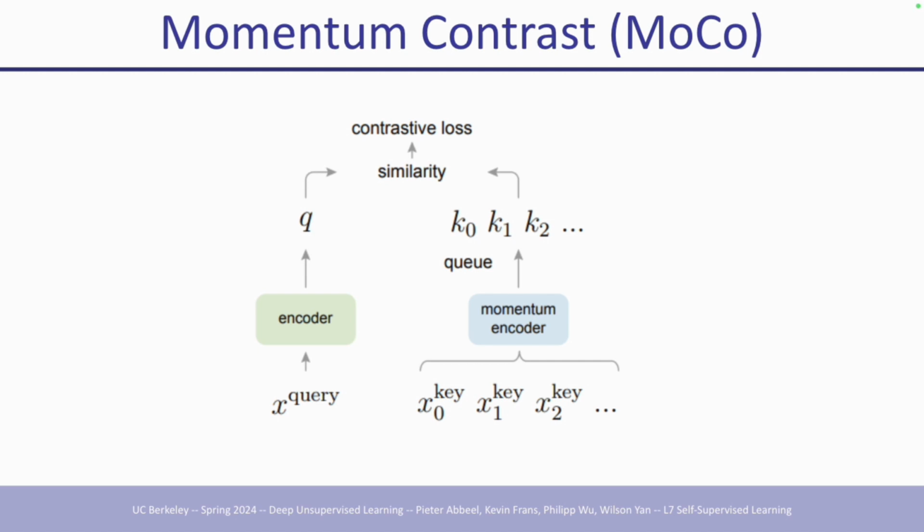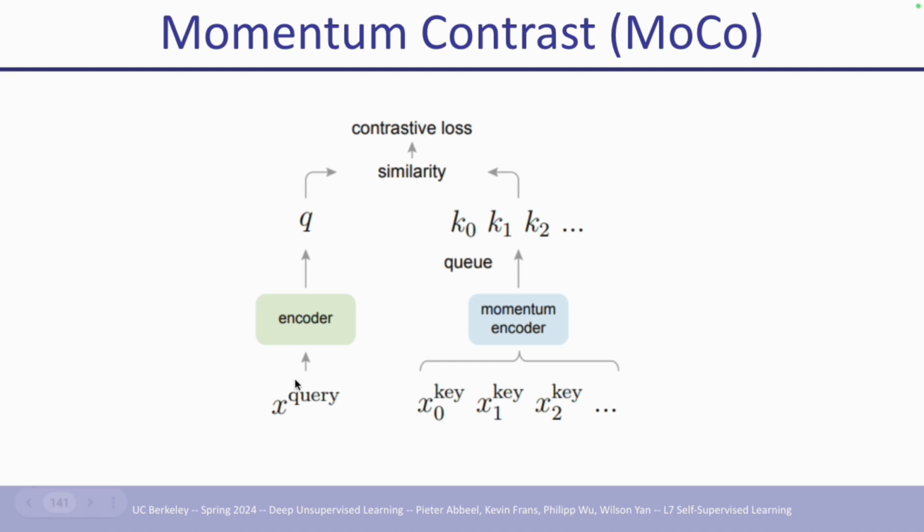The idea with MoCo is, again, we have our image X, and we pass it through an encoder to get some query. And we want to compare that against augmented versions of itself as well as random other instances. The issue here, however, is if we want to have a bunch of things to compare to, that means we need a huge batch size.